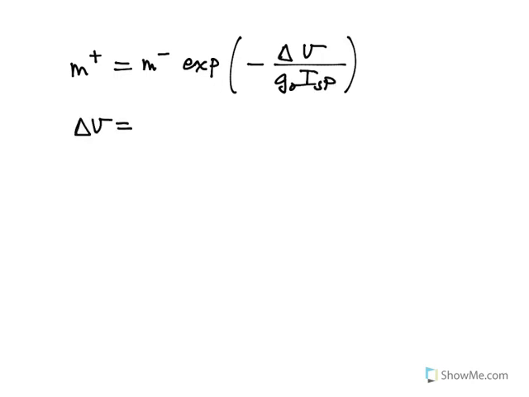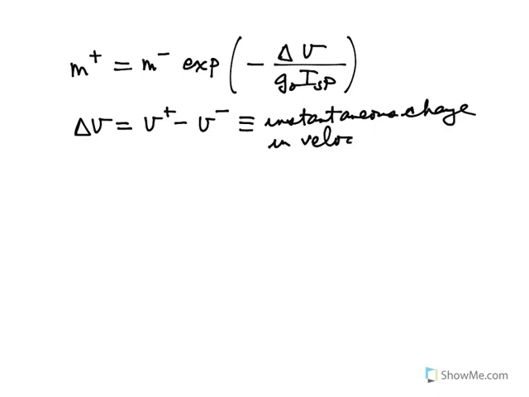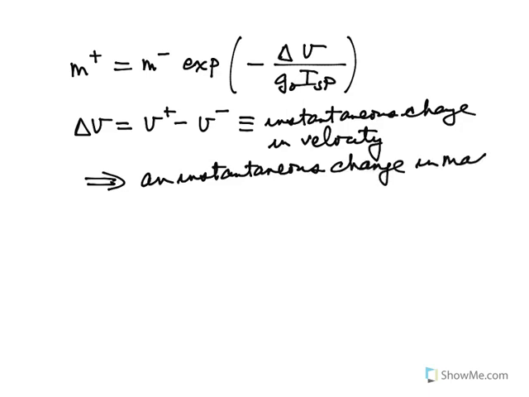So delta v is equal to v plus minus v minus, which is an instantaneous change in velocity, which leads to an instantaneous change in mass. So that's the final result for this particular lecture. We'll pick it up next time when we start using the impulsive thrust approximation in orbit transfer.